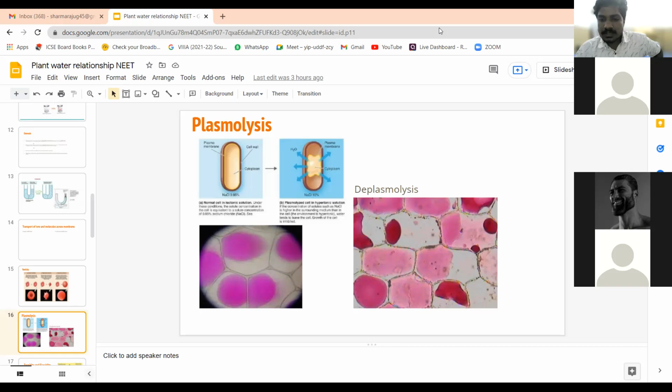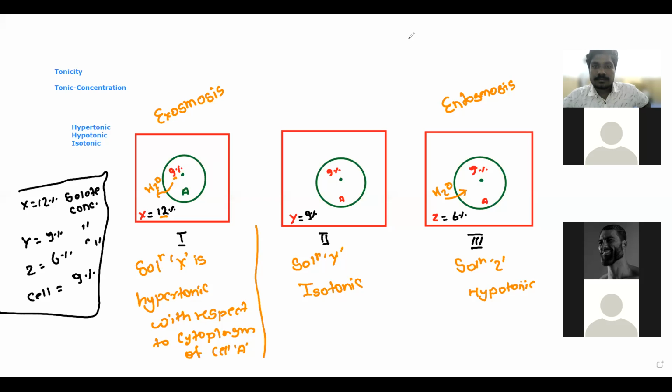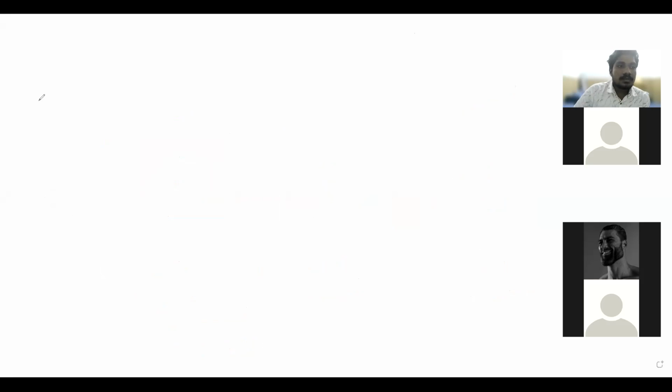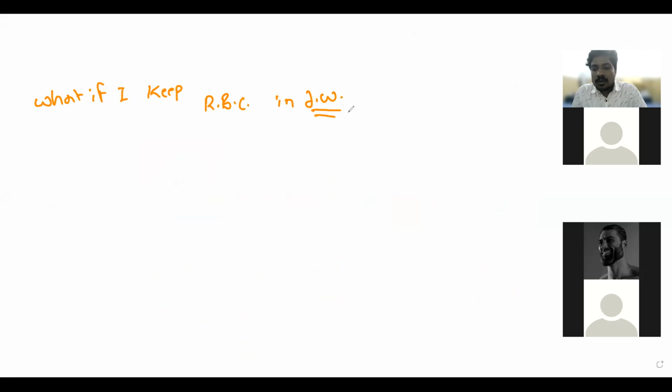So let me go back to the screen sharing. Stop the screen sharing first. Whiteboard. My question is that, you might have heard this also, what if I keep red blood cells in distilled water? Then what will happen? What if I try to preserve red blood cells in distilled water? Please type your answer in the chat room.